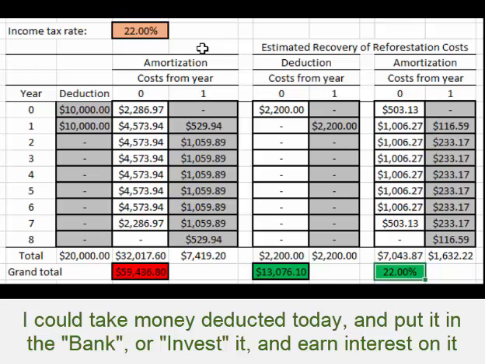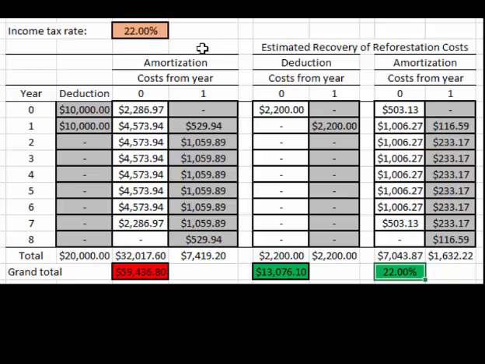And instead of putting the money in the bank, I could put the money into capital improvements of my forest, my land, my property, say, enhancing my forest. So there are a variety of reasons why I'd rather have a deduction than an amortized recovery of a reforestation cost. Now, the amortization is better than nothing, right?